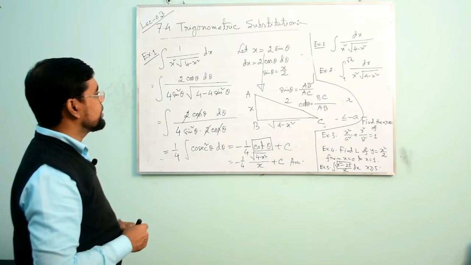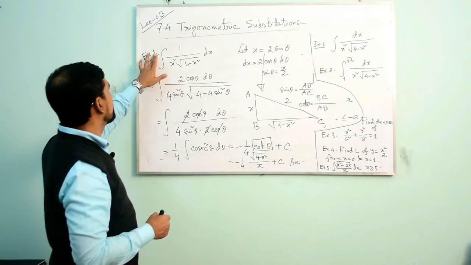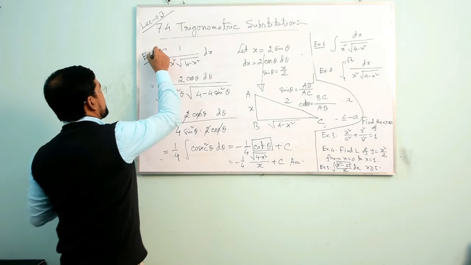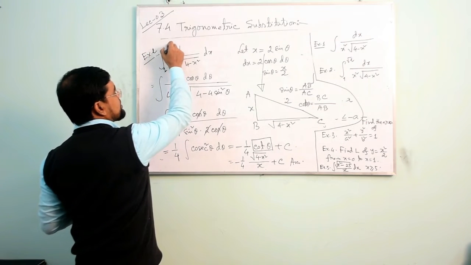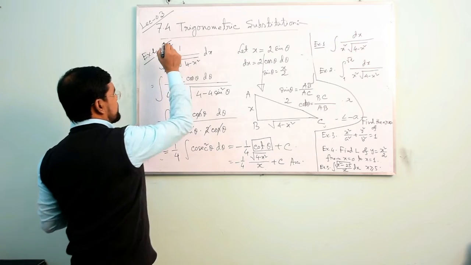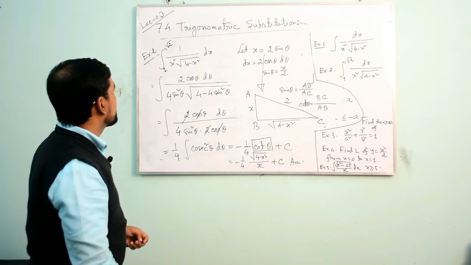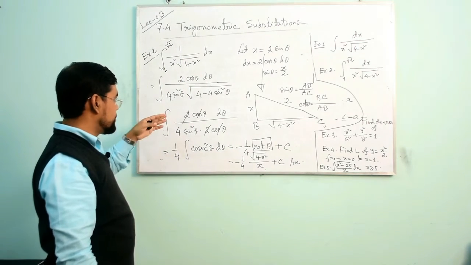Now let us try example 2, which is a definite integral. We want to evaluate the same integral from 1 to root 2. In that case, there are two methods.